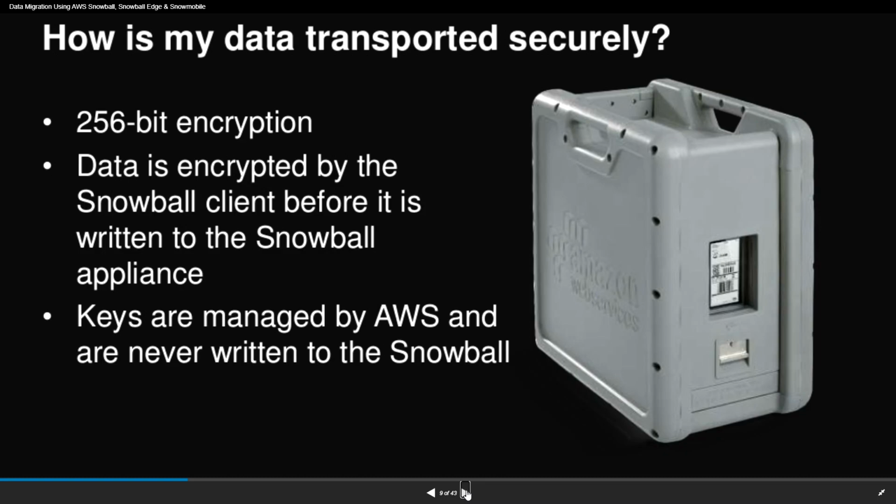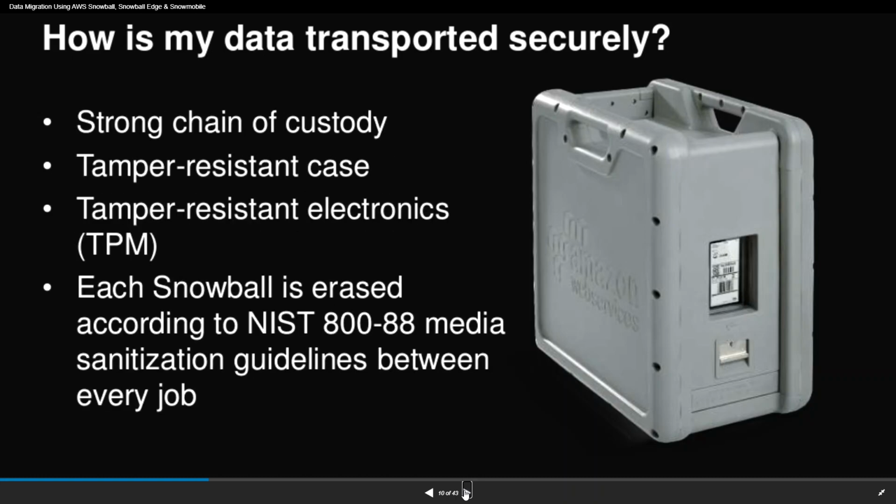Like I told you, it's 256-bit encryption. Data is encrypted by the Snowball client before it is written to the Snowball appliance, and keys are managed by web services and never written into the Snowball. Strong chain of custody, tamper resistant case, and so on.